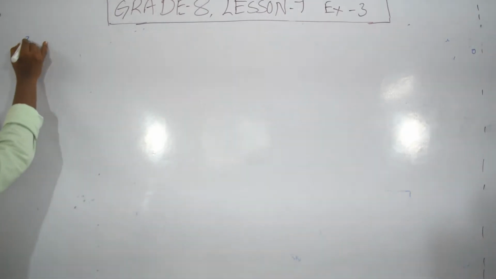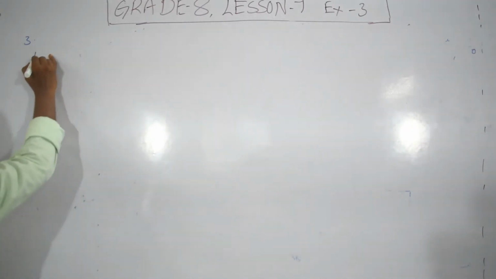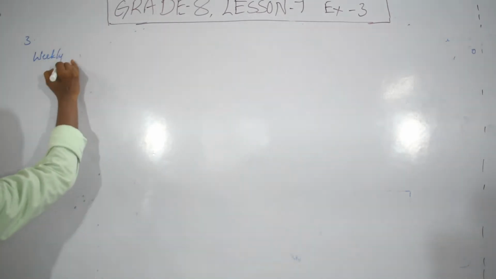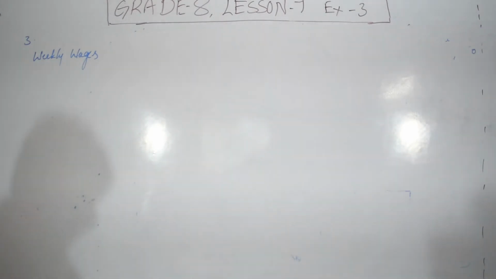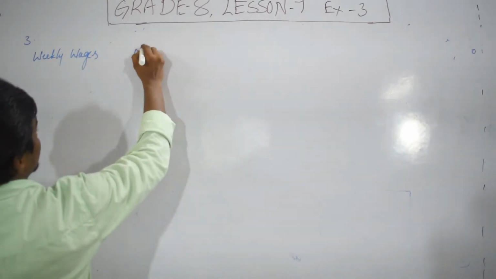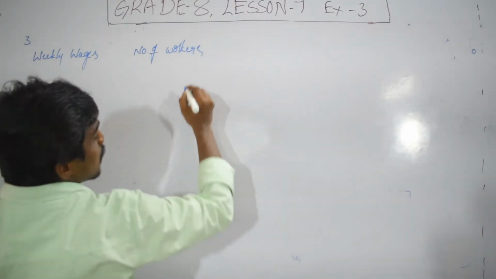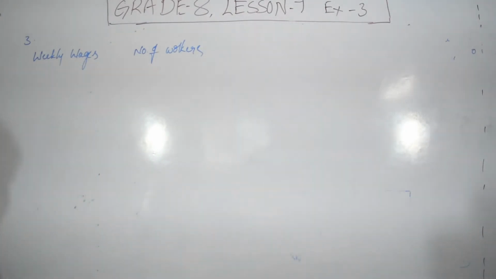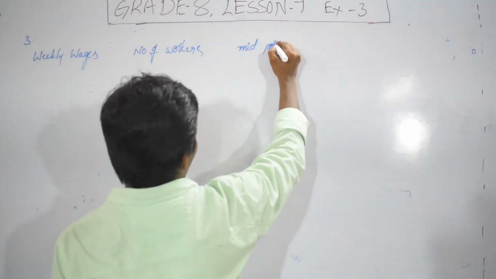Third problem, see, they have given weekly wages and the number of workers, and they are asking for a frequency polygon. So we find the midpoint.